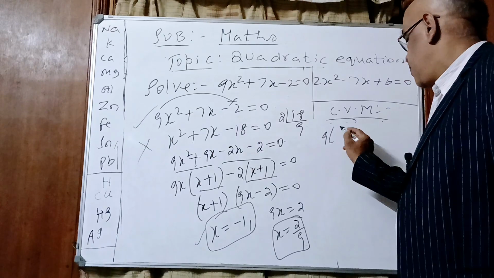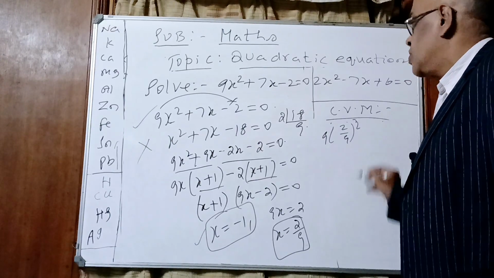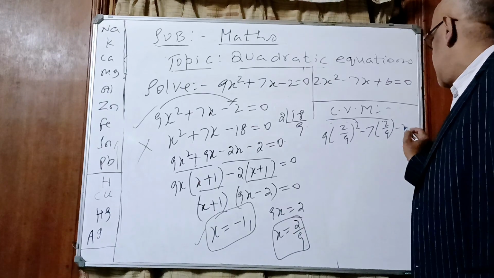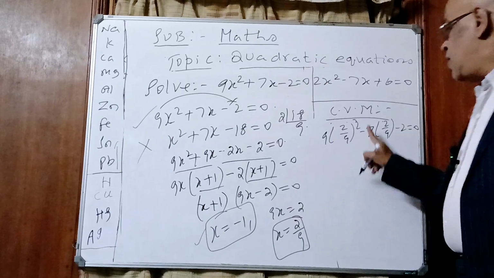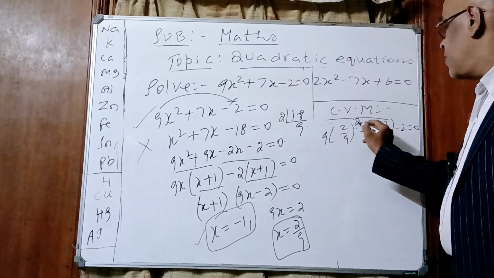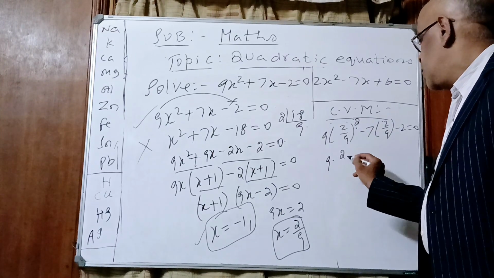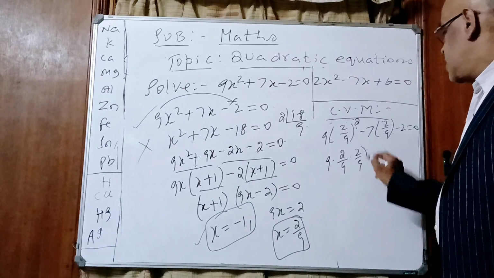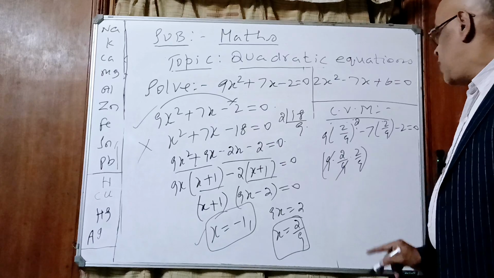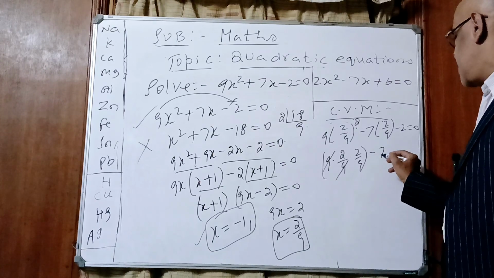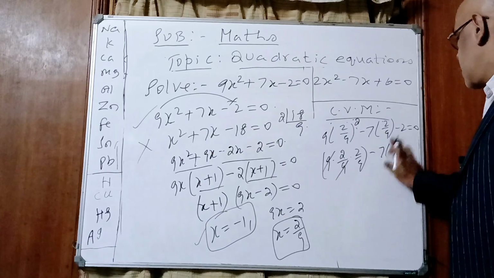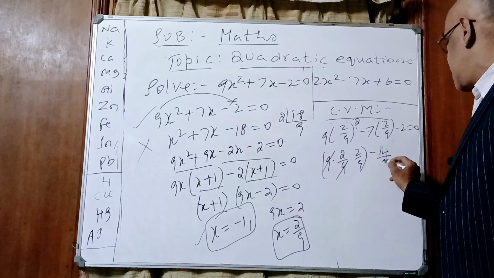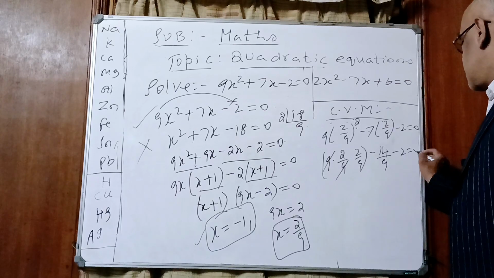9 into 2 by 9 whole square plus 7 into 2 by 9 minus 2 is equal to 0. What will happen, children, here? 9 into 2 by 9 into 2 by 9. Yes or no? So one term cancels, minus 7 into 2. 7 2s are 14. 9 and 7 you cannot cancel. 7 2s are 14 minus 2 is equal to 0.